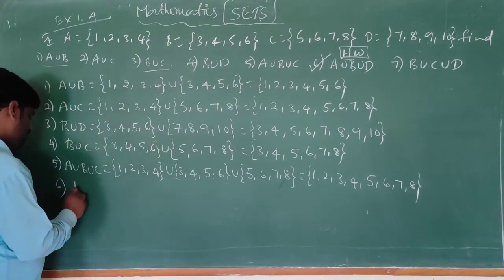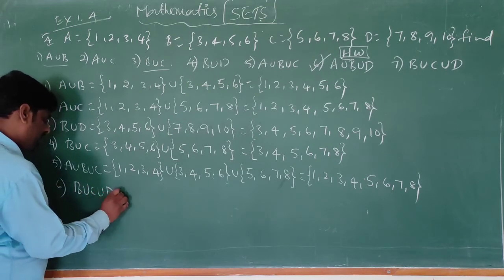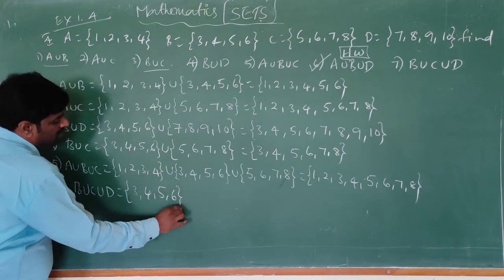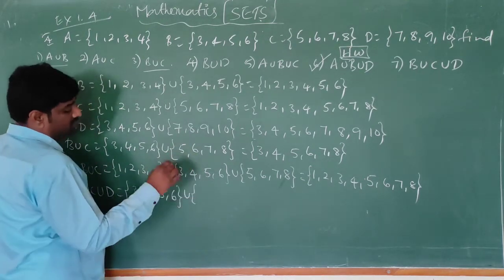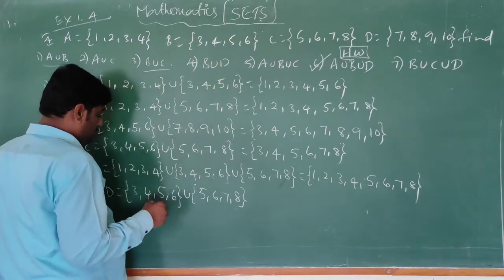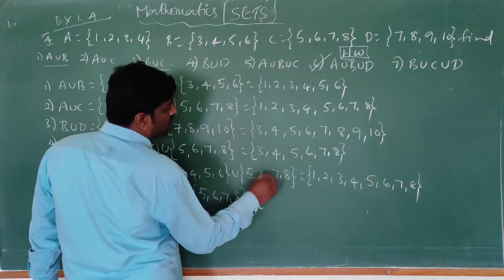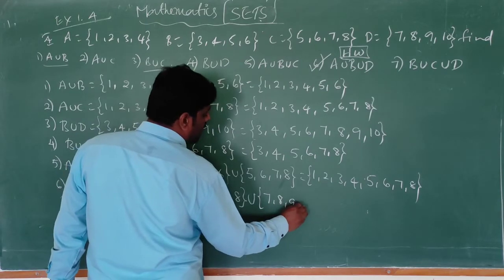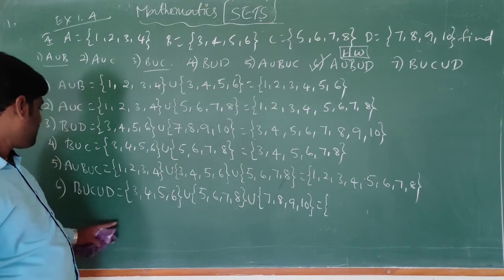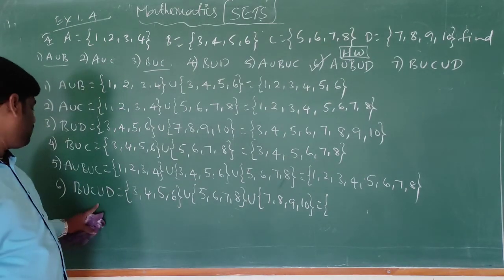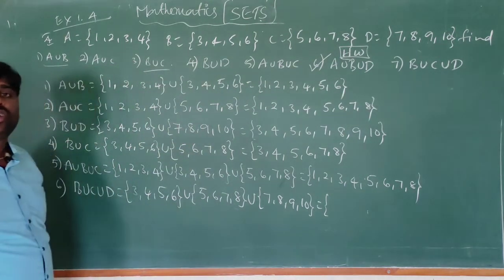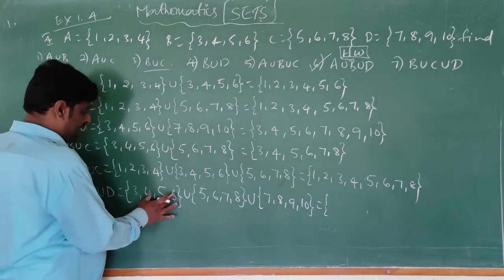Next question is B union C union D. B set is 3, 4, 5, 6, union C set is 5, 6, 7, 8, union D is 7, 8, 9, 10. Dear children, observe here, B union C union D, we should write together the elements of B set, C set and D set.